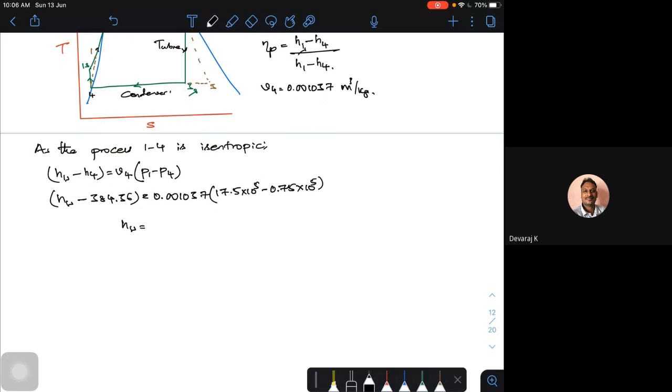Can anyone tell me what value we are getting? Please calculate and tell me the value. H1S, how much is it? It should be nearer to 384, because 0.001037 into whatever number you do will be a very small number.